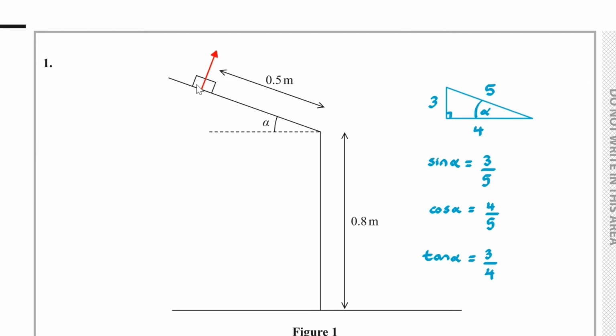The normal reaction would be shown here. Let's call it R. And then we've got the weight acting down like so. Here we have mg. We've got the mass m multiplied by gravity. This gives a weight of mg. And so if we resolve perpendicular to this desk lid, we can find out what R is.